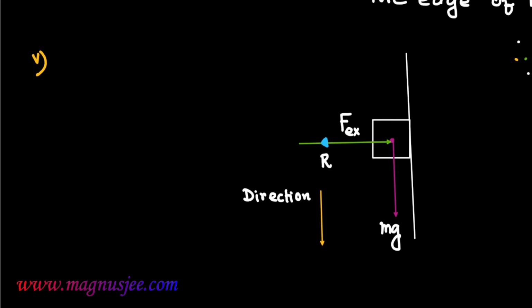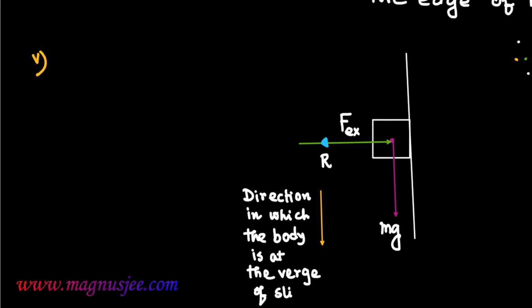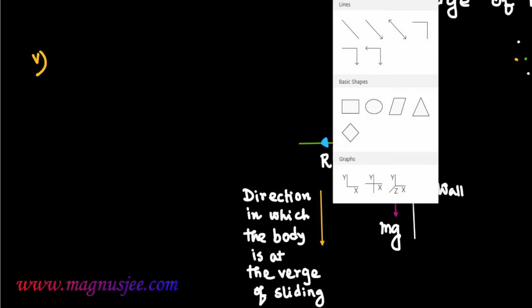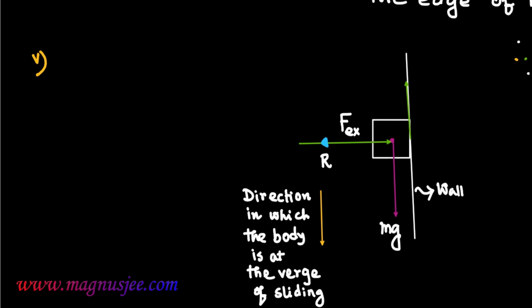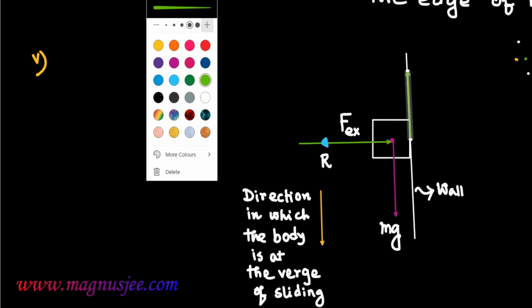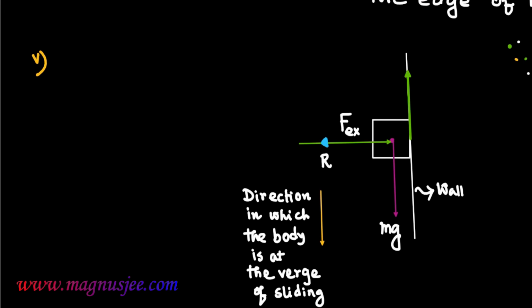This is the direction in which the slab or the body is at the verge of sliding or moving against the wall, and this is the vertical wall. And this body will not slide if limiting friction Fl acts in the vertically upward direction in this way.